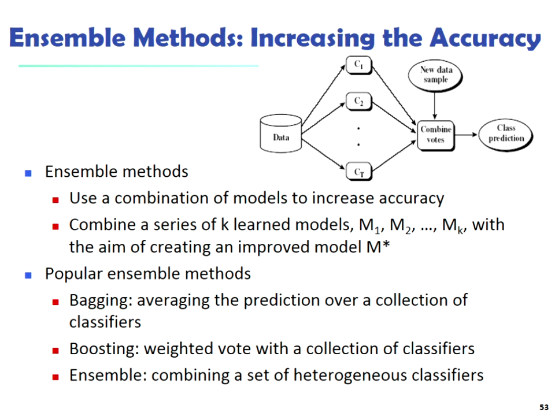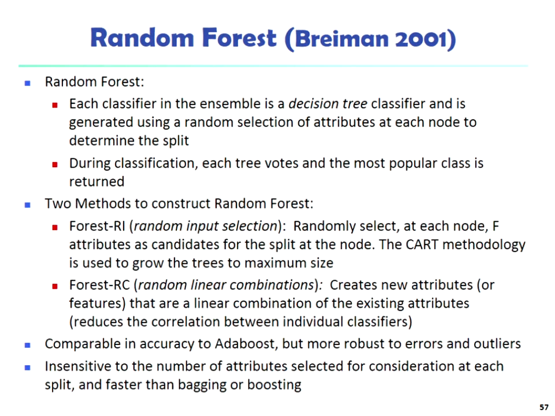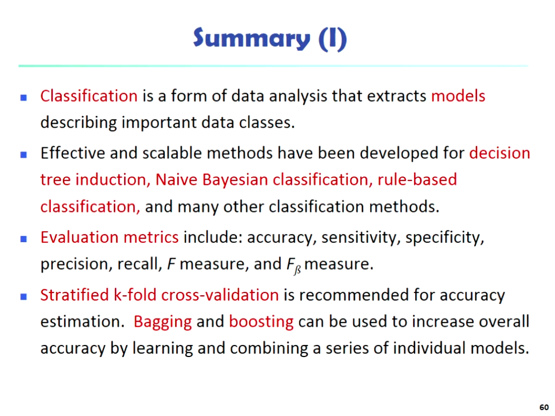There are many ensemble methods, like bagging, boosting, etc. For bagging, we average the prediction over a collection of classifiers. For boosting, we take a weighted vote with a collection of classifiers. You can see more details about all these techniques, and here is the summary of this chapter.